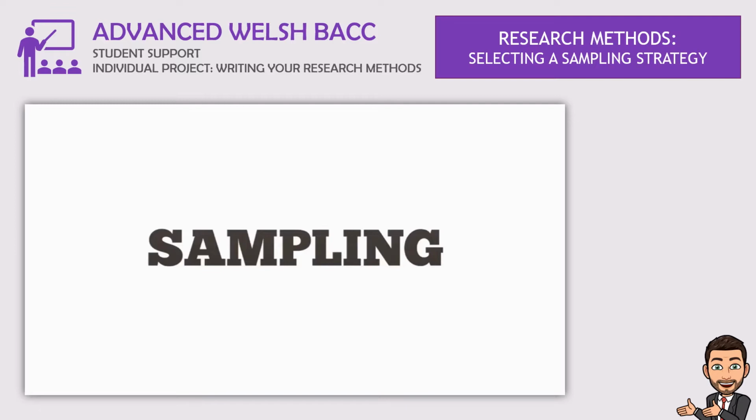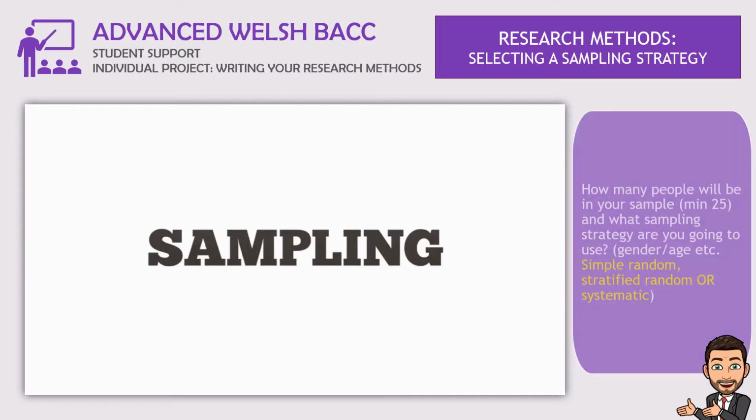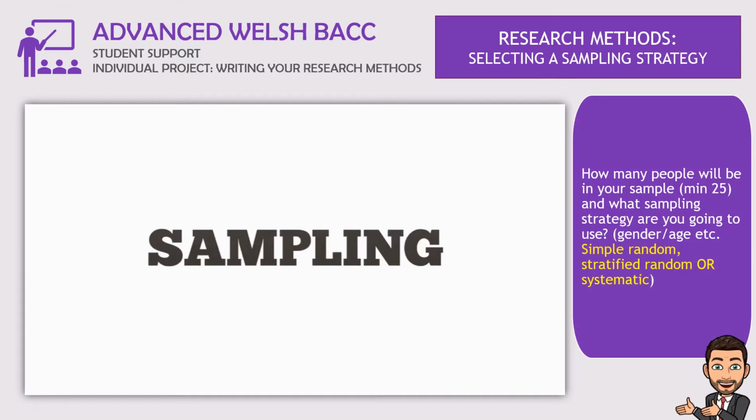Now we've got the video which is focused on research methods and also the sampling strategy aspect of your research methods. So I mentioned simple random, stratified random, and systematic. Now, I mentioned earlier that simple random is probably the choice many will apply for their questionnaire. Stratified random could be one that you would consider, and even systematic, but it's more about selecting the right one for your question that is not going to give you, let's say, a biased sample.